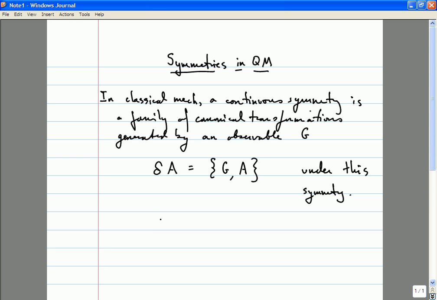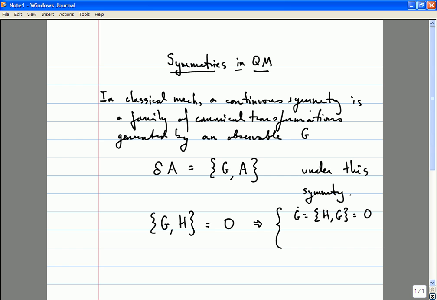And second, the Poisson bracket, this is the real definition of a symmetry, of our generator with the Hamiltonian of the system is equal to 0. And that implies two separate things. First, it means that G is a constant of motion, because G dot, the time derivative of G, is the Poisson bracket of H with G. So the generator G of a family of canonical transformations is a constant of motion.